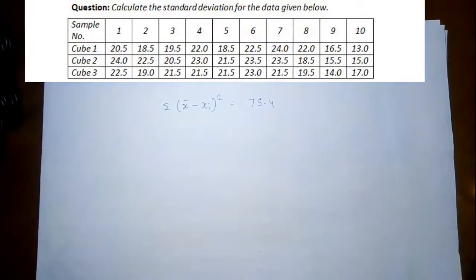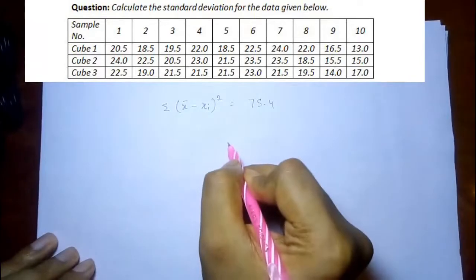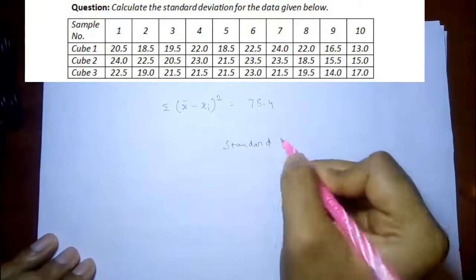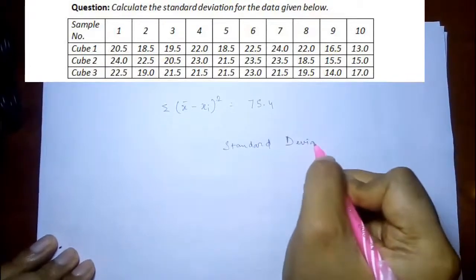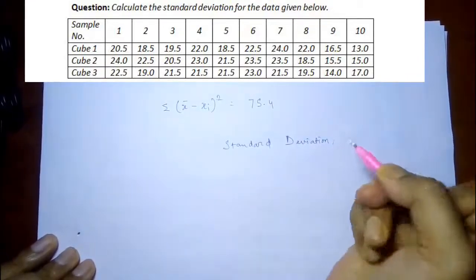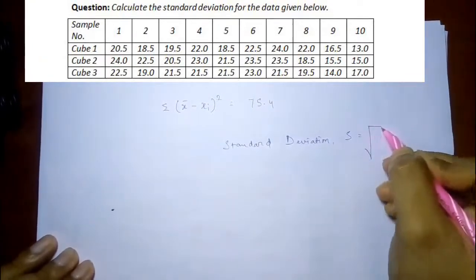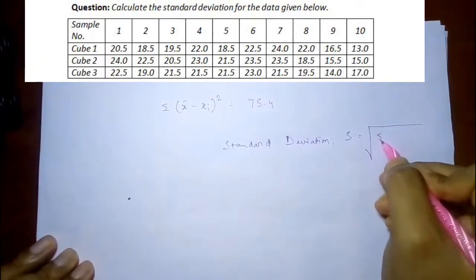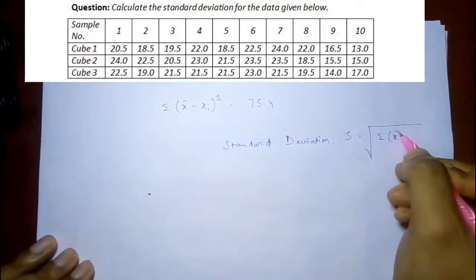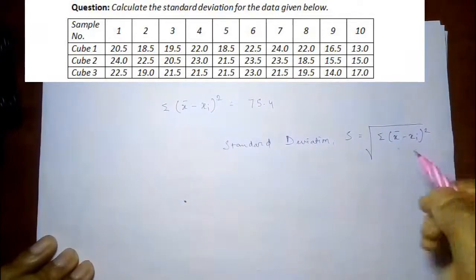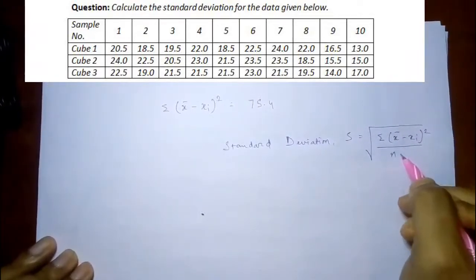Okay, and now to get the standard deviation, the formula for standard deviation is given by S, and it is equal to the square root of the summation of x bar minus xi whole square divided by n minus 1.